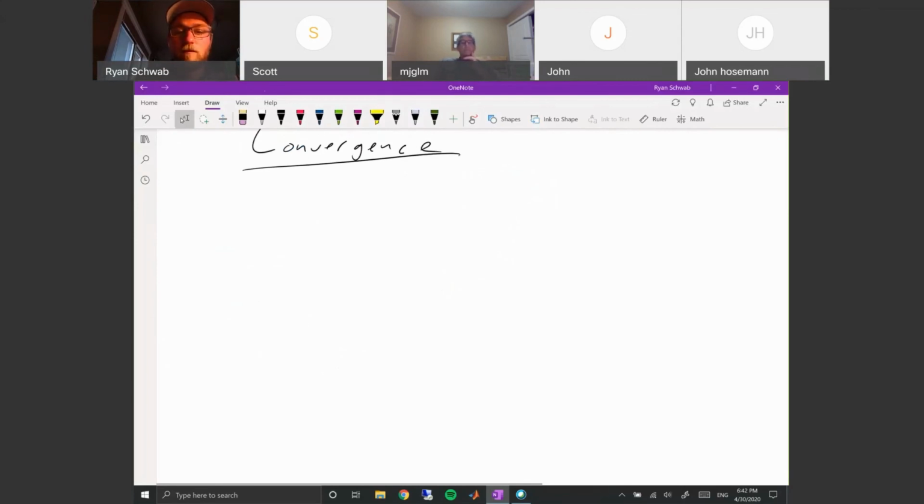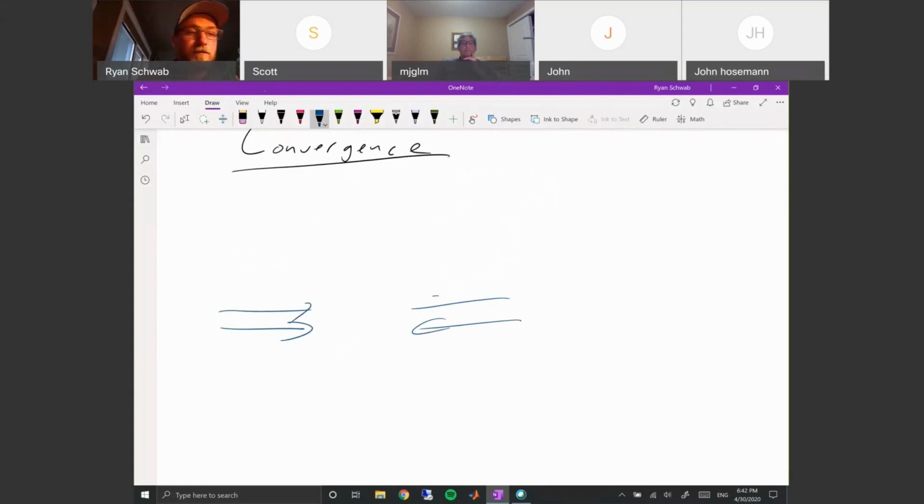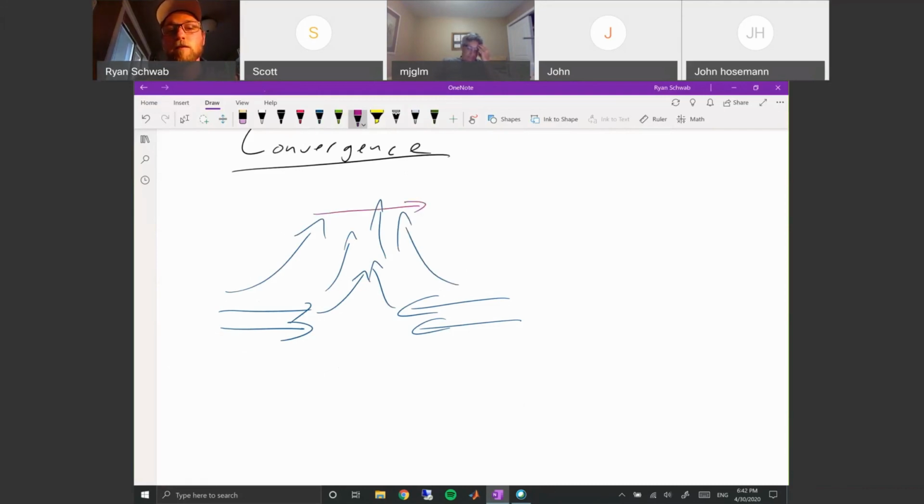Convergence is basically you have two kind of air masses that are flowing straight at each other. Once they hit each other, they have nowhere else to go but up. Now, these convergence areas can be really cool because they might not be super wide this way, but they could go on for miles and miles and miles, kind of along that convergence line.